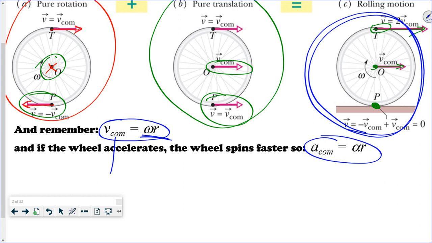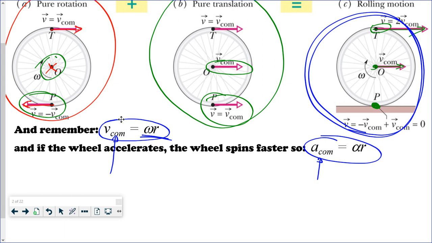Notice though, these are all specific to the velocity and the acceleration of the center of mass, because that is the only point on the rolling object that has the same velocity relative to the ground as the whole object, sort of, okay?